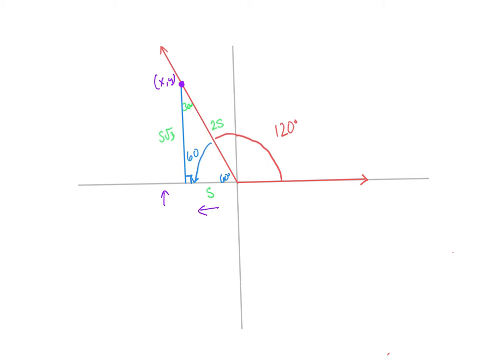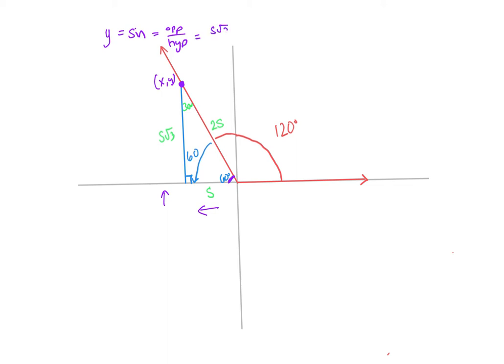So if I want to know my y value then, I can use SOHCAHTOA with this 60 degrees, right? How can I use SOHCAHTOA? I can say, well, opposite over hypotenuse, right? So my y value is my sine, we already know that, which is opposite over hypotenuse. What is my opposite side from my 60? S squared of 3.